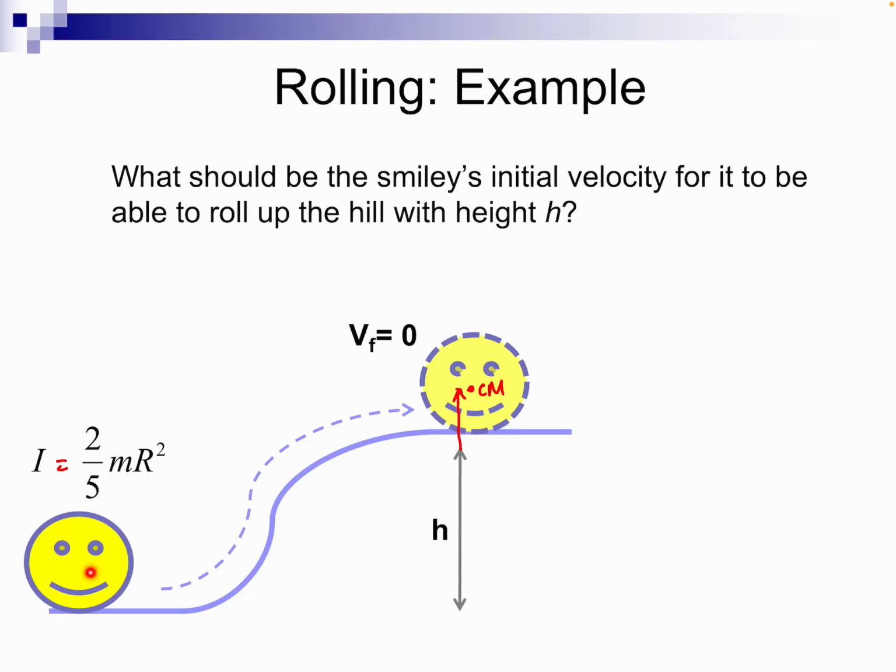So that means that as the smiley rolls up the hill, whatever kinetic energy the smiley had initially will be transformed into potential energy at the top of the hill, especially since the smiley will stop at the top of the hill.